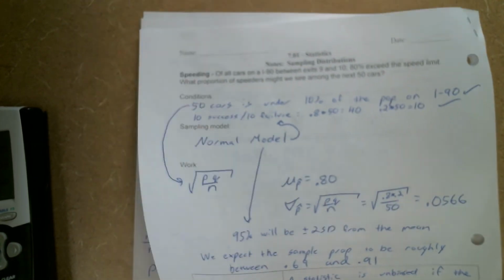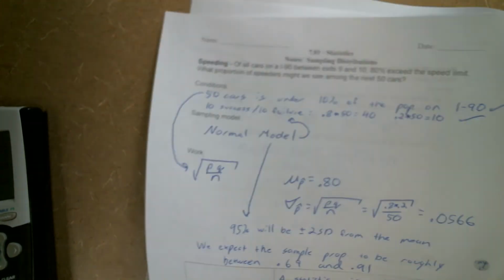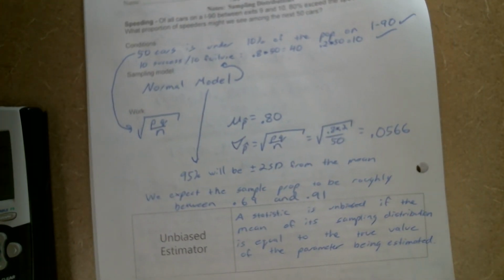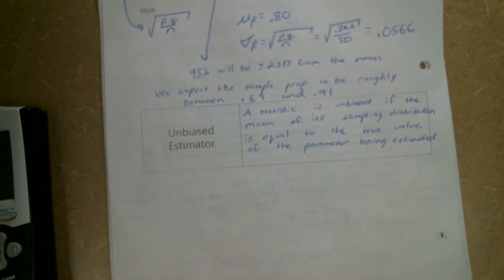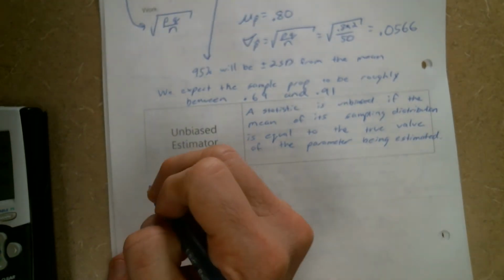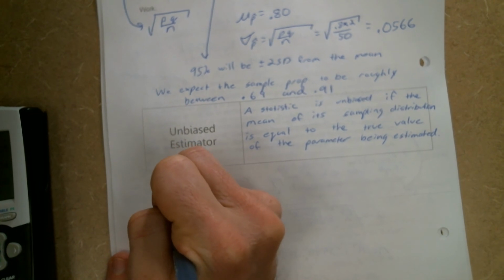So something's unbiased if when you average all these together, it works out to be the true value. Something is biased when if you average all those things together, it works out not to be the true value.